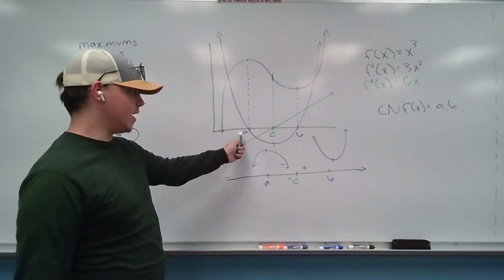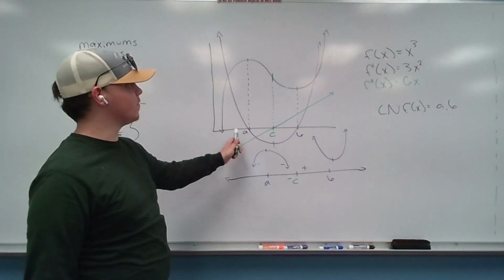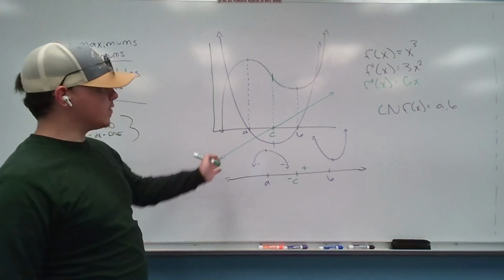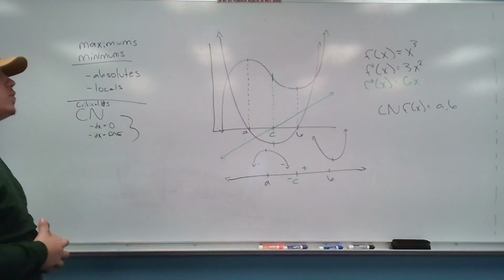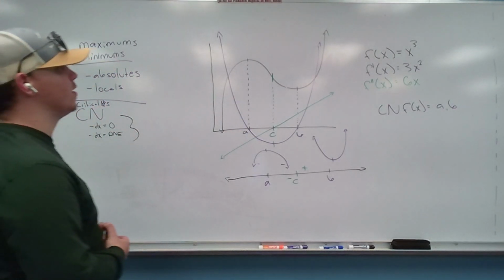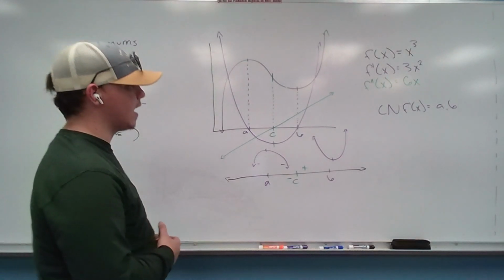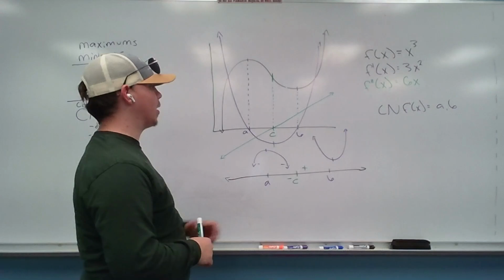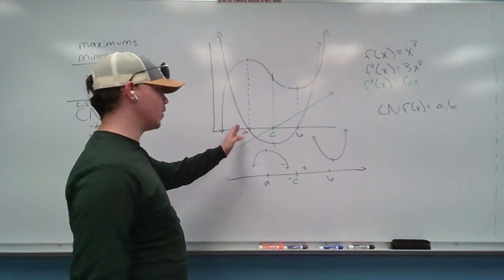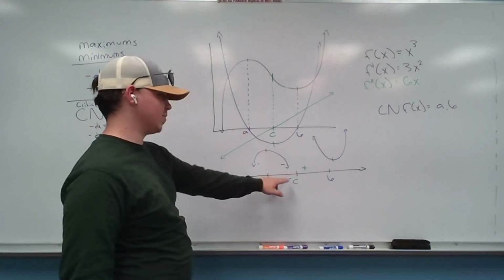And remember that if you want to find the value of said maximums or minimums on the function, you have to plug the x value back into it. So if I was given this function and the problem said, solve for the value of f of x at the local maximum, I would find a, then verify that it's a maximum using my second derivative.